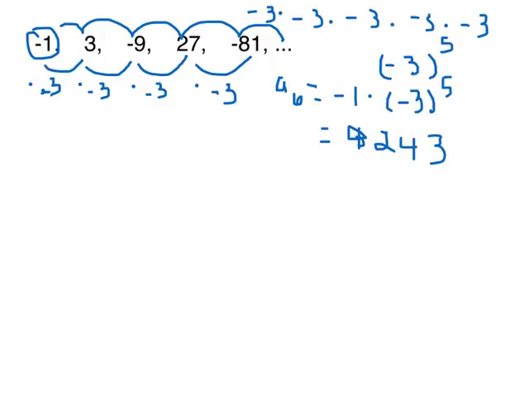Alright, so let's recap that. To find the next term, I just start with the first term. I use the common factor being multiplied by, raised to the 5th power, which is 1 less than the term I'm looking for.